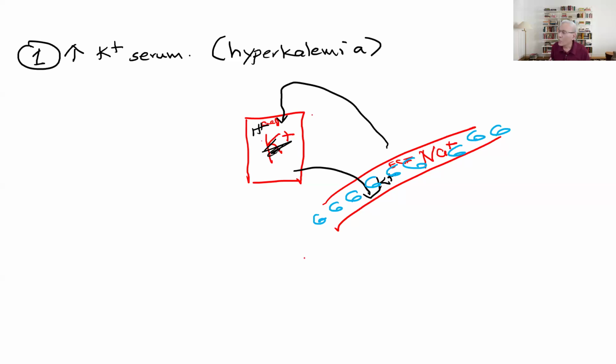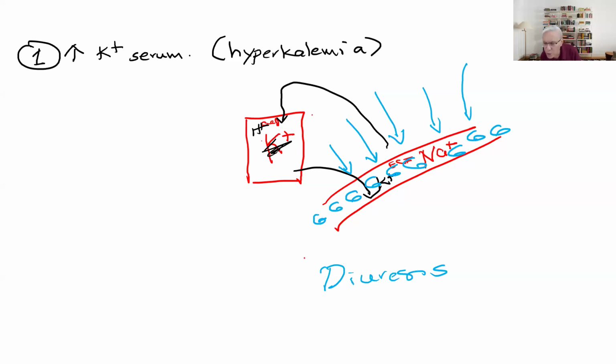In other words, because it is so concentrated, it is now going to pull water into the vascular bed. So water is now going to rush over here. So when you have an expansion of the extracellular fluid compartment, you're going to have diuresis because of the high volume of fluid in the vascular space.